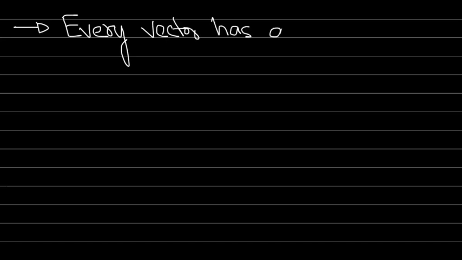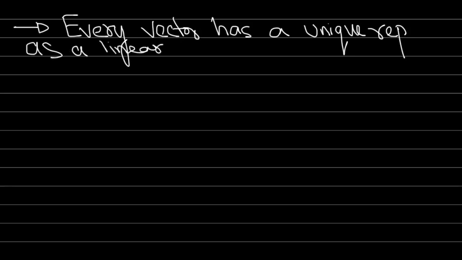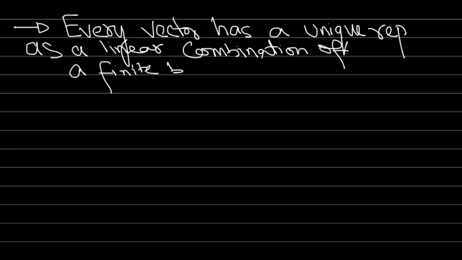So I'm going to write down a definition, that is, every vector has a unique representation as a linear combination of a finite basis, right?